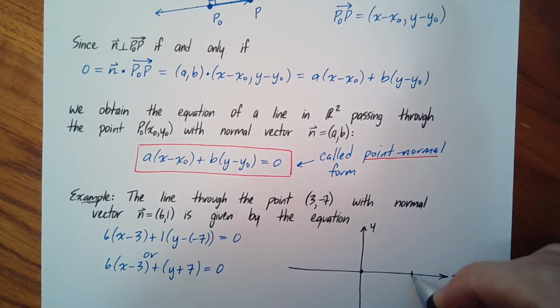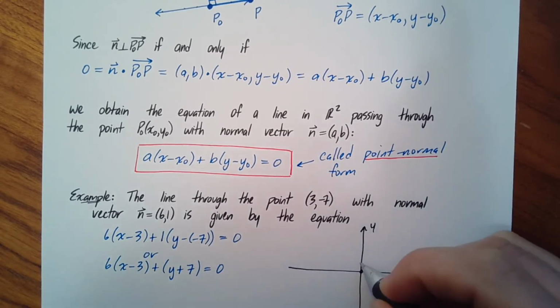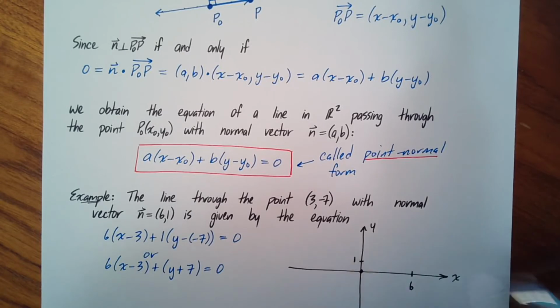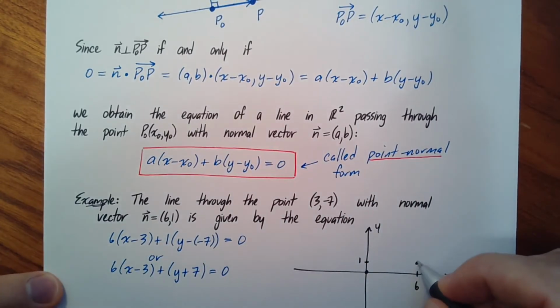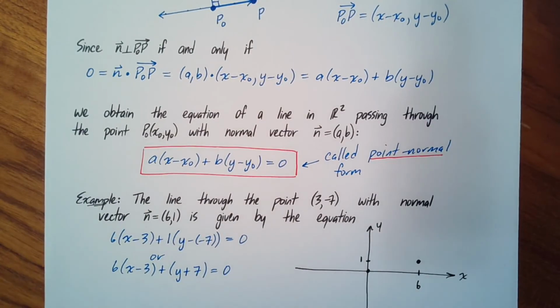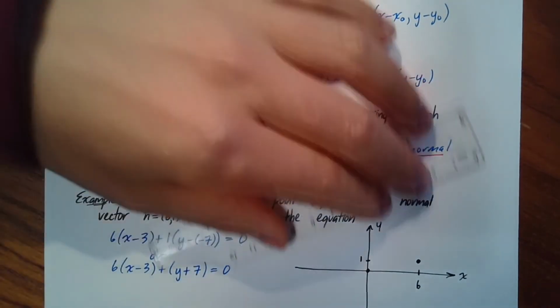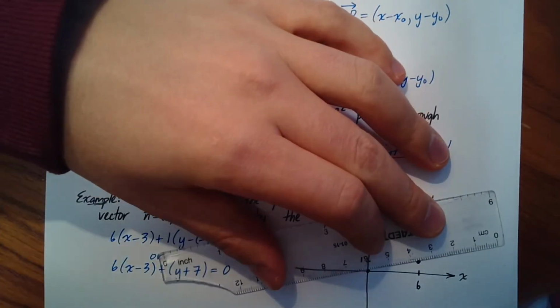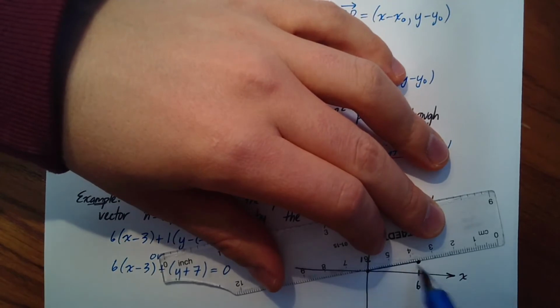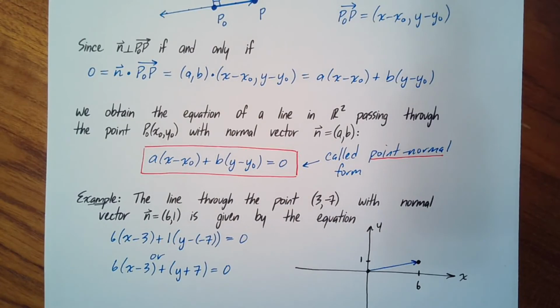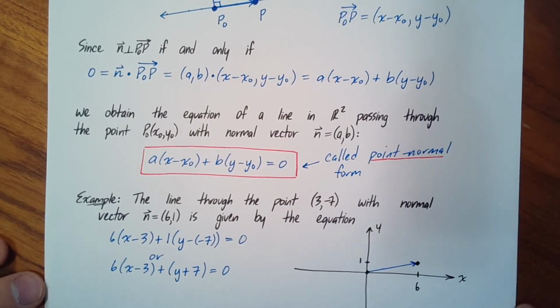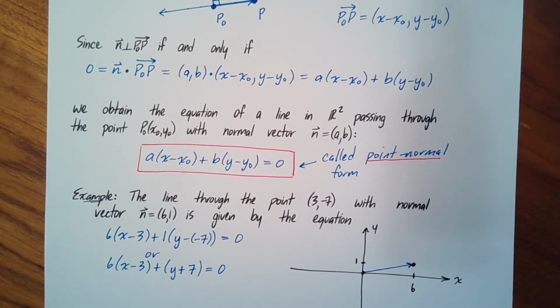I'll label the 6 right here, and I'll label the 1 right there. So the normal vector is essentially like this. Hopefully this picture works out okay. It's not going to be drawn perfectly to scale, but I'm going to use a ruler just to help the picture come out a little bit better than it otherwise would, so that it makes sense in the end. Okay, so that's the normal vector.